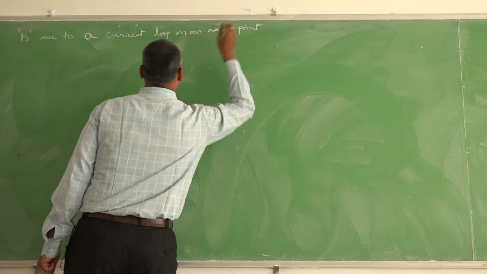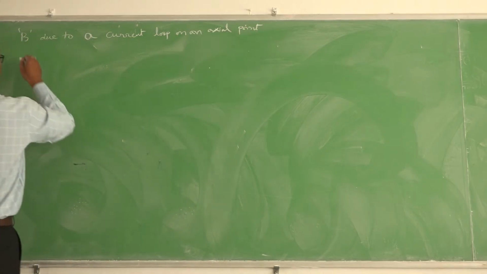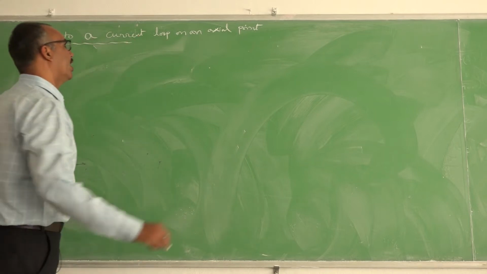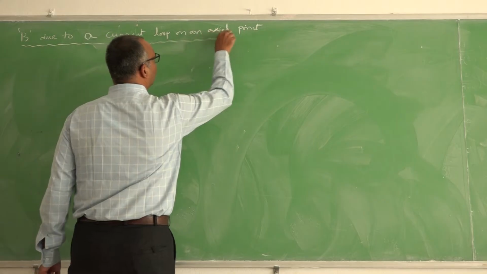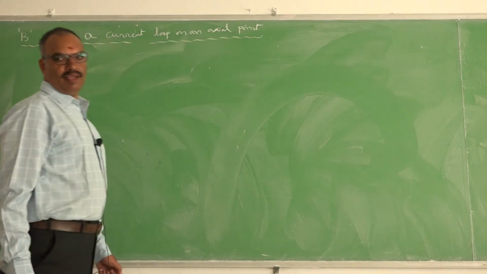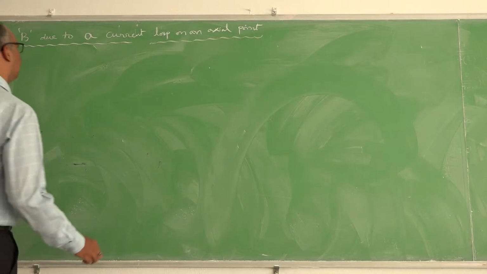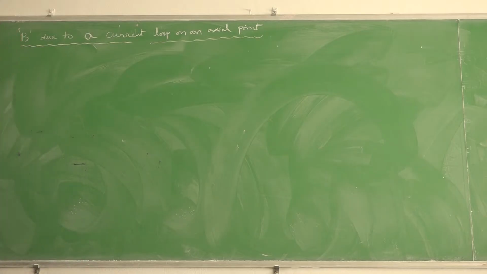Already we discussed magnetic field at the center of a current carrying loop using Biot-Savart law. In this discussion, we are going to discuss magnetic field at an axial point.